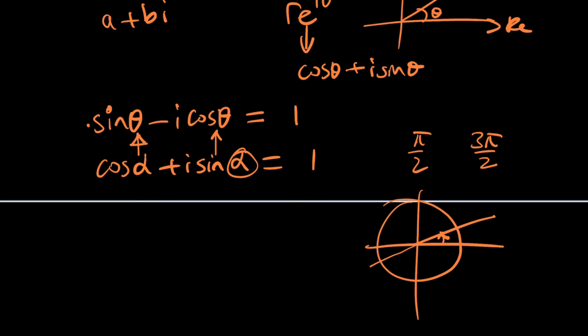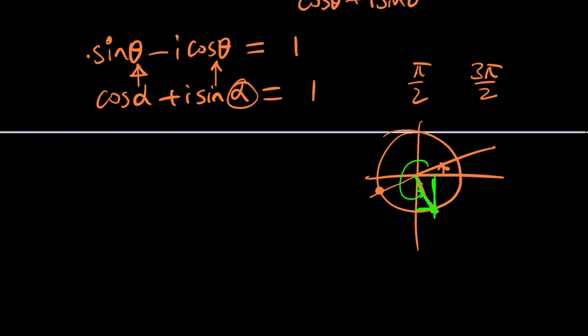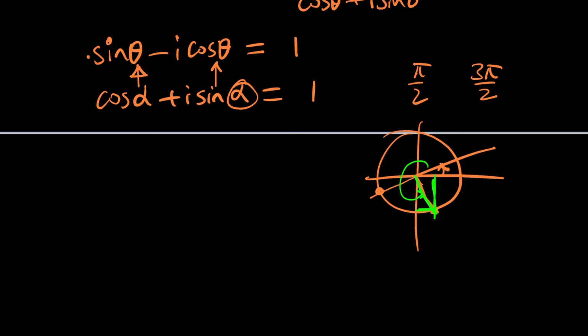like when you add pi, it's going to be here, and when you add another pi over 2, in other words, you're adding 3 pi over 2 to theta, and that is basically going to give you this angle, where the sine and cosine are switched. So in other words, this is what I'm trying to say. Alpha should be 3 pi over 2 plus theta.